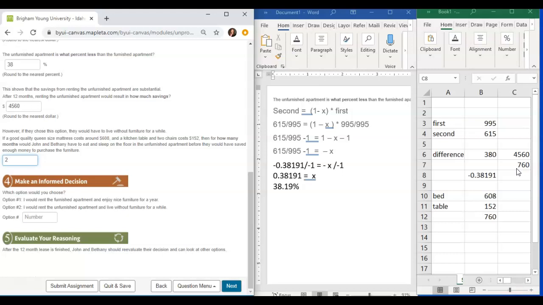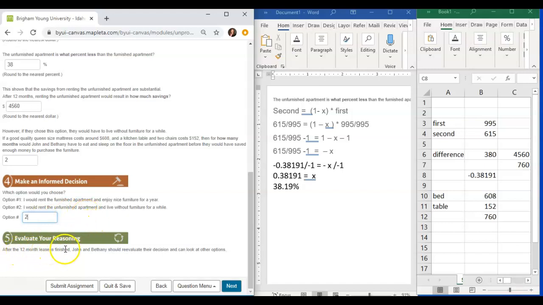They could wait for 1 month and get their table and 2 chairs, since it was only $152, because they will have 380, and then the next month they would have all of the leftover for their bed. All right, so this is up to you, whatever you choose. Just type in the number for the option that you pick. I'm going to go ahead and put 2 and then move on to the next one.